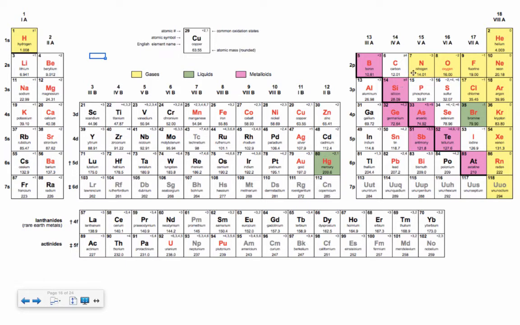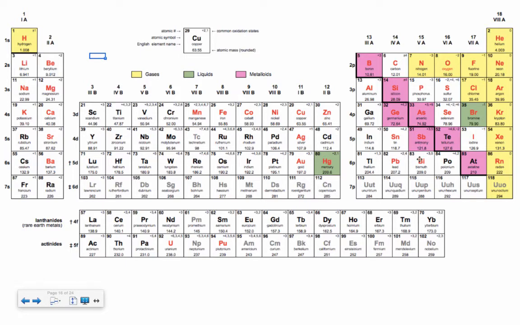If we go to column 15, we see a similar sort of pattern. We have nitrogen, which is -3, phosphorus, which is -3, arsenic, which can be 3 or 5, and then we have antimony, which can be 3 or 5, and also bismuth, which can be 3 or 5.